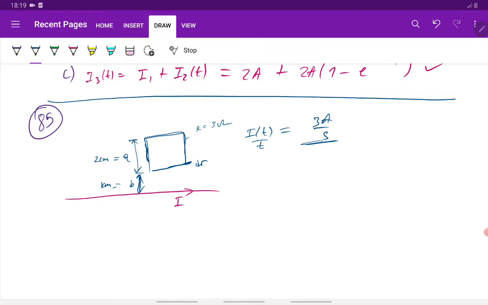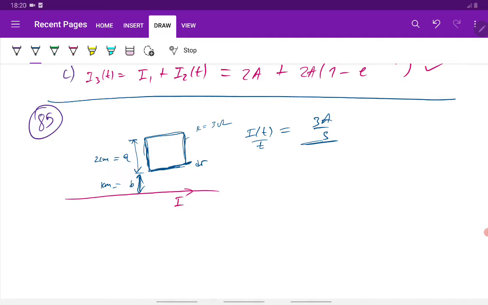And we are also given a square loop. Square loop, it's almost a circuit. Its side is 2 centimeters, and this loop is located above this current, with a 1 centimeter difference.